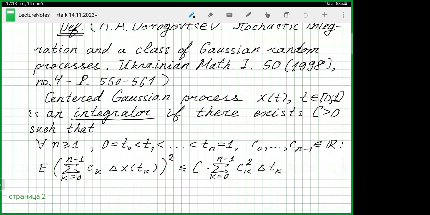then, if we have such an inequality, it will mean that, of course, we must have expectations in the right part. From this inequality, it will follow that X is a semimartingale.